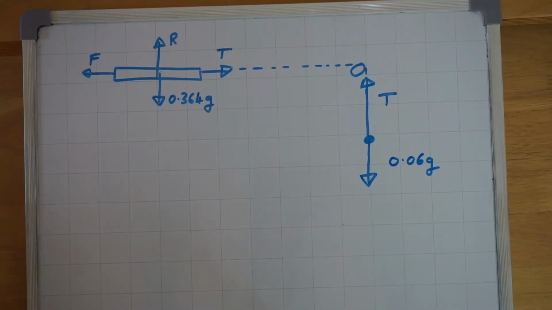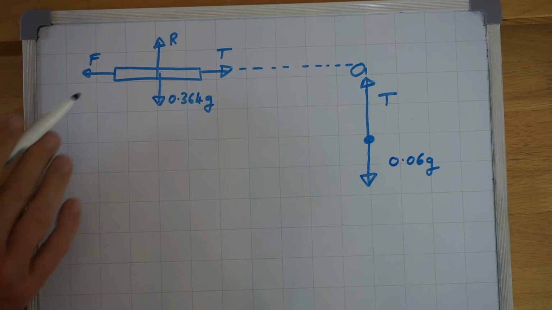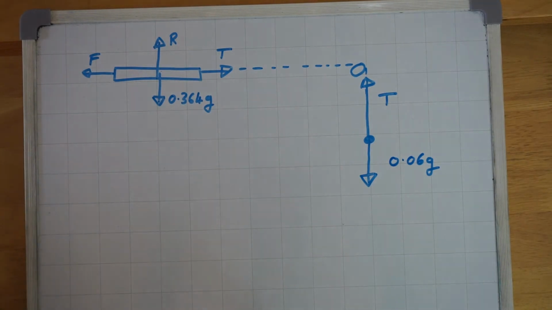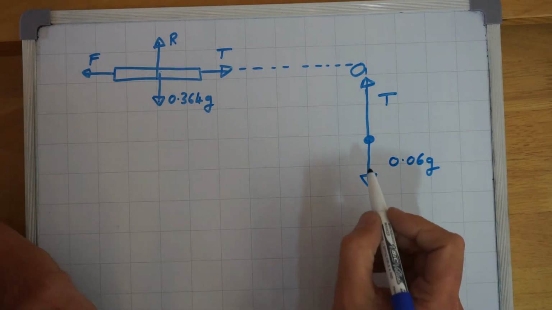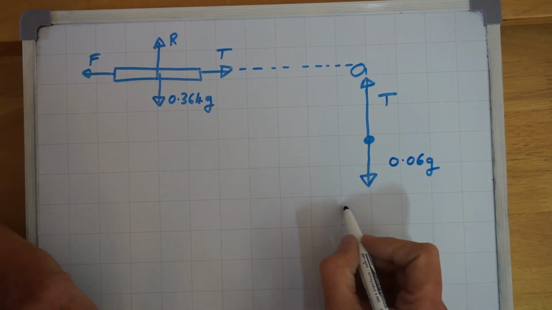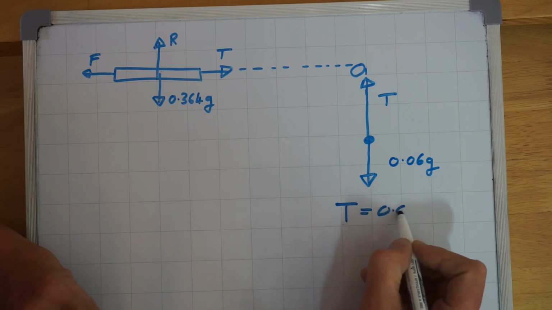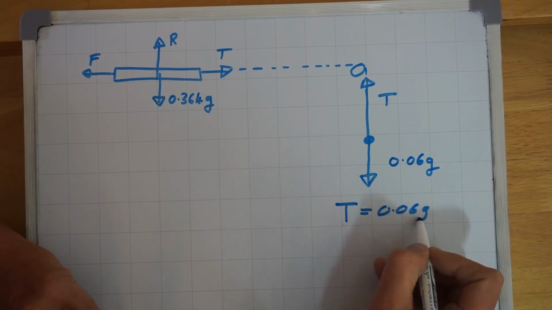The diagram shows the forces acting on the block and the suspended mass. Considering the suspended mass first, if these forces are in equilibrium, T will be equal to 0.06 g.